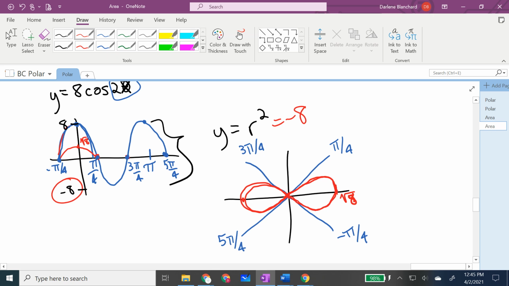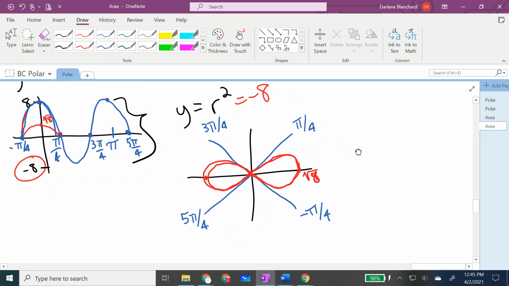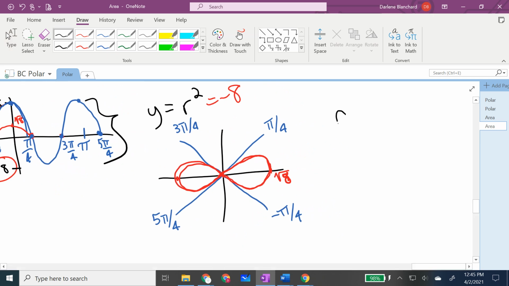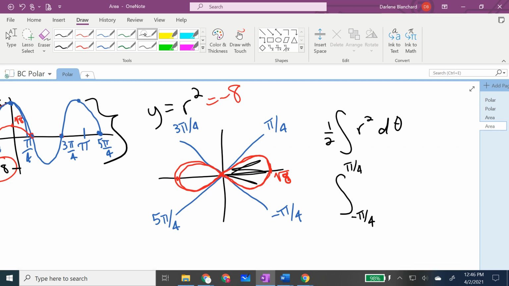So if you needed to find the area enclosed by a lemniscate, let me start off by saying the formula is 1/2 r squared d theta. If I integrate only one of these, then I'm going to double that. So I can integrate from negative pi over 4 to positive pi over 4. That will double my 1/2. I'm going to gently write 2 times 1/2.